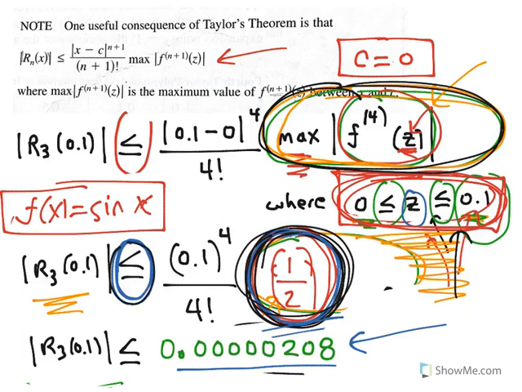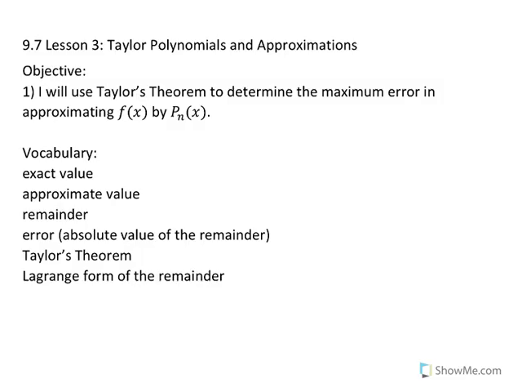So for sure, this is an upper bound for the error of approximating sine x by p sub 3 of x at x equals 0.1.